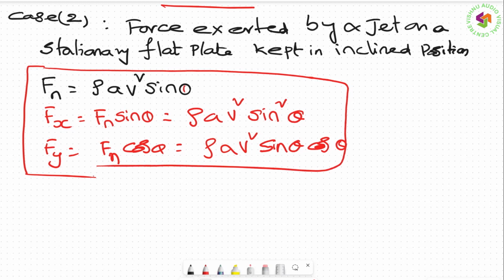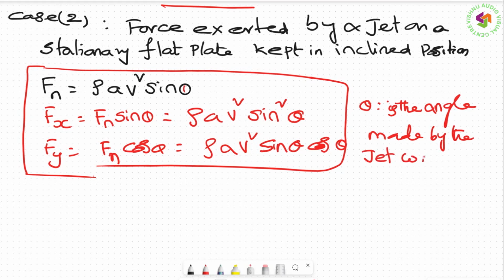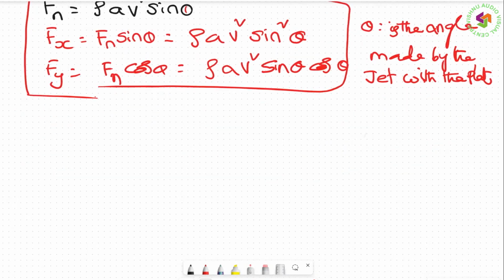In this, previously we know what theta is. Theta is the angle made by the jet with the plate. So how will we represent it?